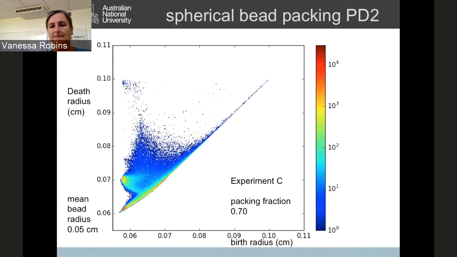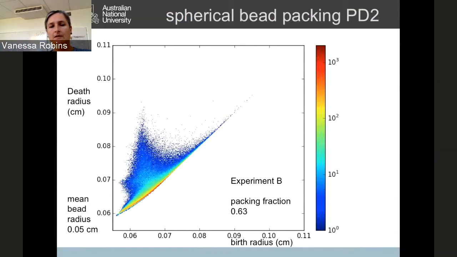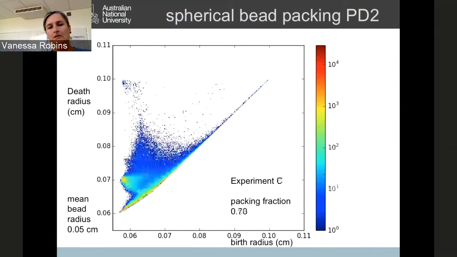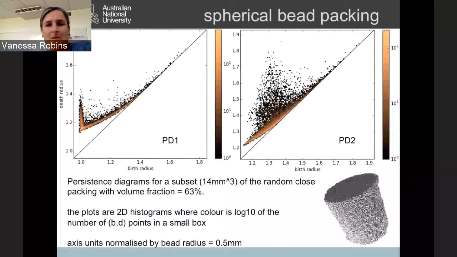So I think you can see PD2 is showing a very significant change in these local cavities. All right, so let's pick this apart in a bit more detail.